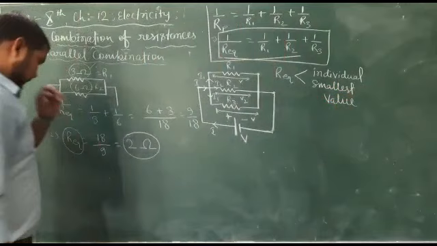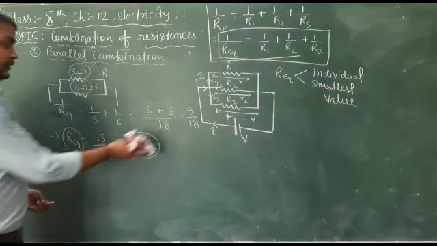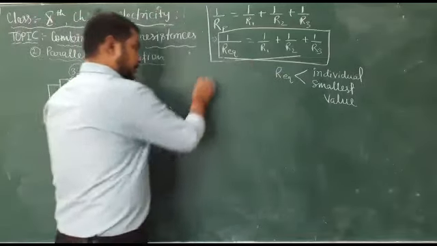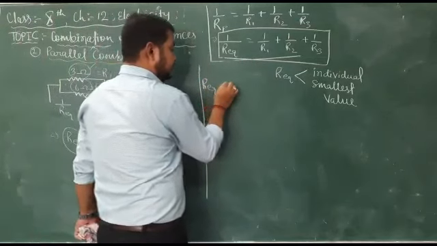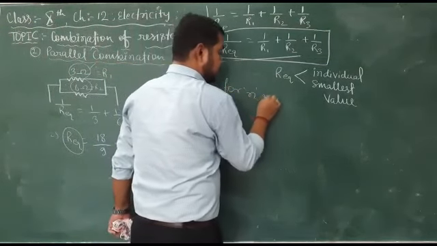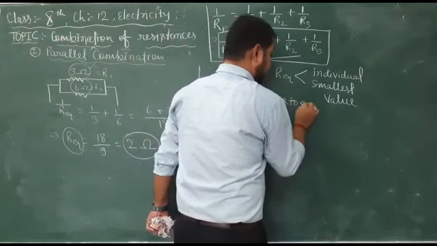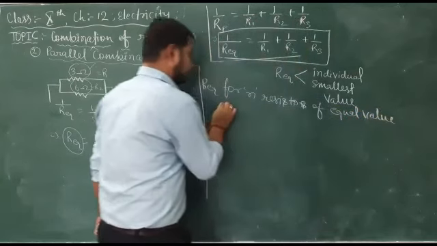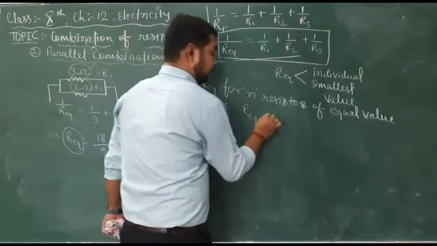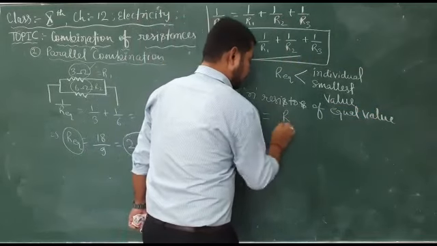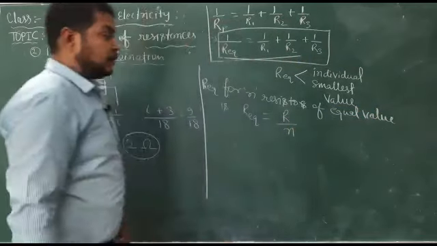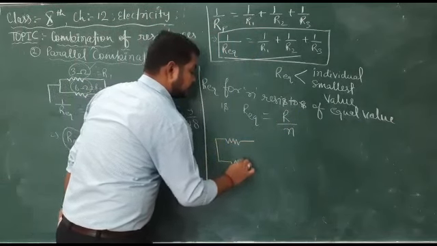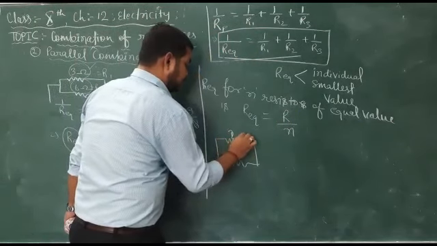For n resistors of equal value, R equivalent is R divided by n. Let's say two resistors of 2 ohm are connected in parallel with each other.